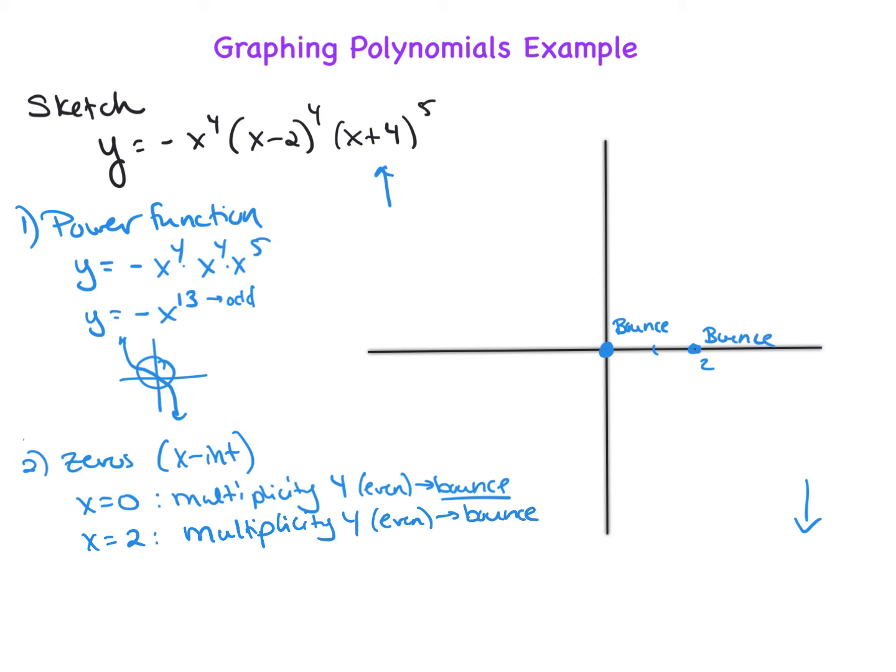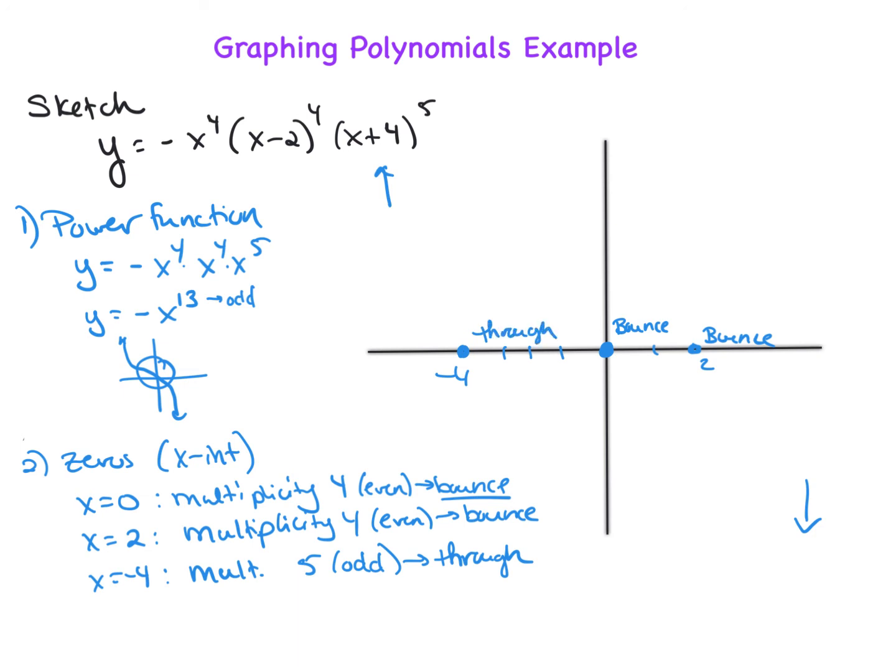And then finally, x equals negative 4 is our last intercept. That's way over here. That has an exponent of 5, multiplicity 5, which is an odd number, so this will be a through intercept. So x equals 1, 2, 3, 4. And at negative 4, I have a through intercept.